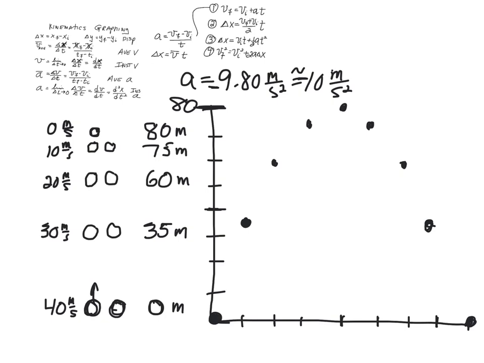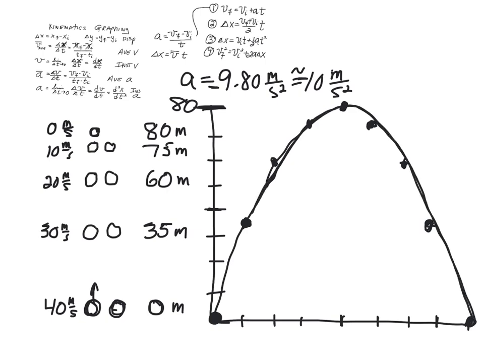So here's at 0, and then 1 second later it's at 35, then it's at 60, then 75, then 80. And you see it comes down. This isn't a perfect graph, but you can see since it goes up and down, this is a parabola. And notice the parabola is pointing down. That's an indication that the acceleration is constant.